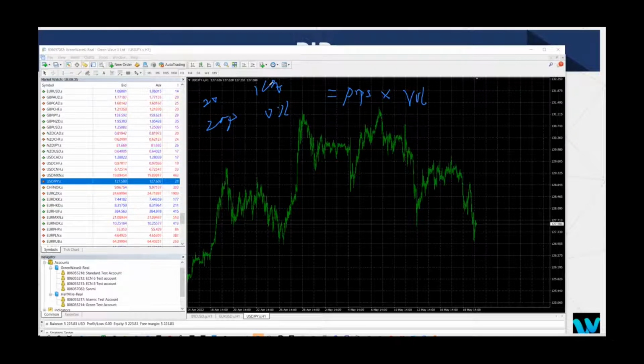So if I make $20, you are going to make $200, because your volume is 10 times mine. That's why volume is also very important when you are calculating your P&L, profit or loss. So this one is the pips that you make or lose, multiplied by the volume of your trade. Then one other thing: the value of one pip of the currency pair you are trading.